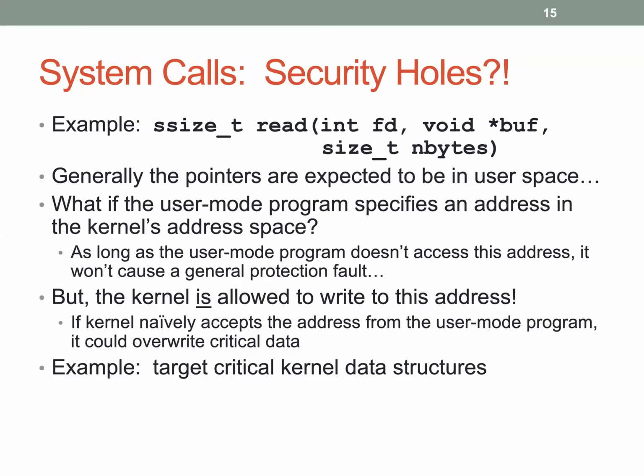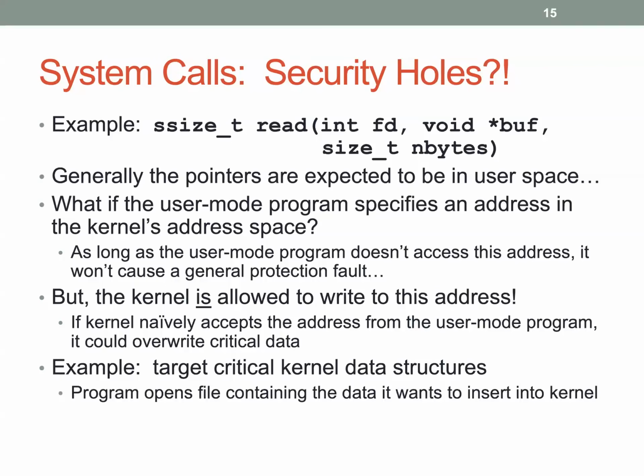And so the kind of thing that you could get into is if the user program was trying to target kernel data structures, like maybe something that controls process scheduling, maybe something that controls process privilege levels. And so you construct a file of data and you say to the kernel, hey, read this file and read it into this address that's in your own address space.